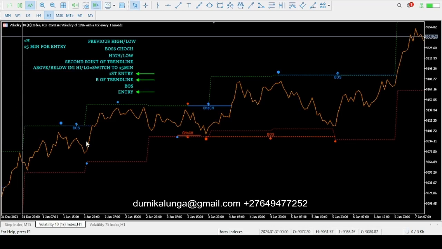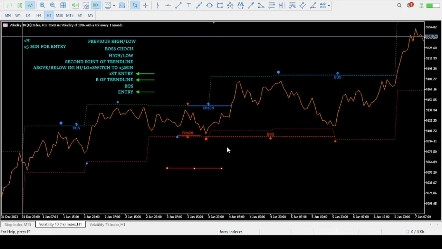So from the 1st of January, we see there is a BOS here, which is a break of structure. Then we take our infamous trend line and mark the initial high above the BOS. In this case, the high was bullish, so we mark the initial high.